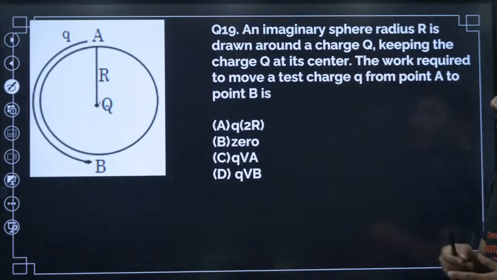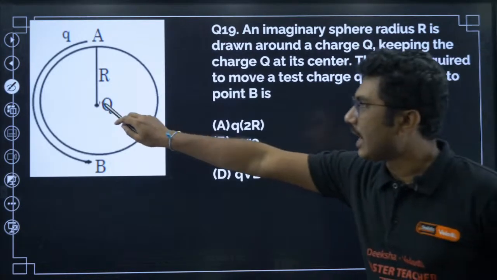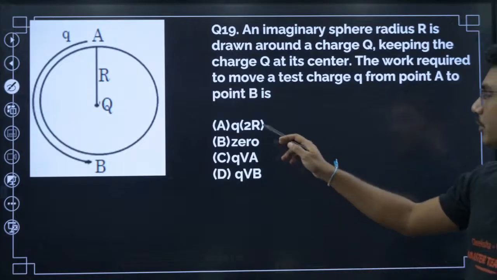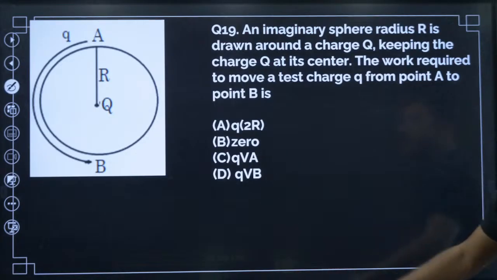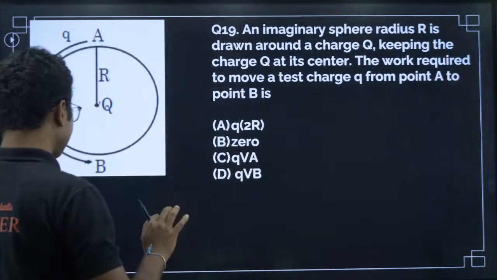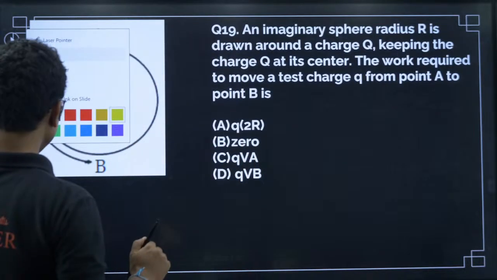An imaginary sphere of radius r is drawn around a charge q. Keeping the charge q at its center, the work required to move the test charge from point A to point B is: q into 2r, 0, q into Va, or q into Vb. There are some typing mistakes, sorry for that.